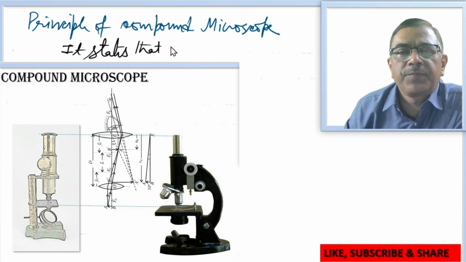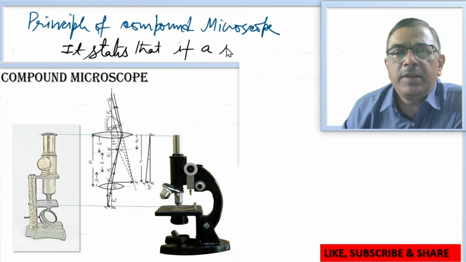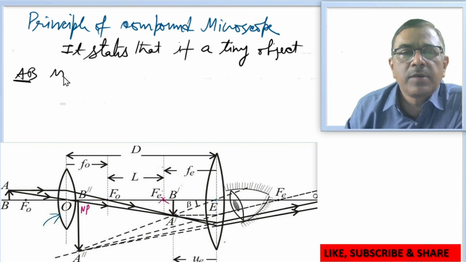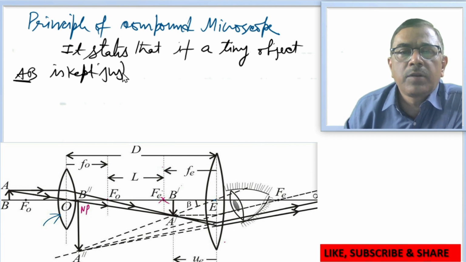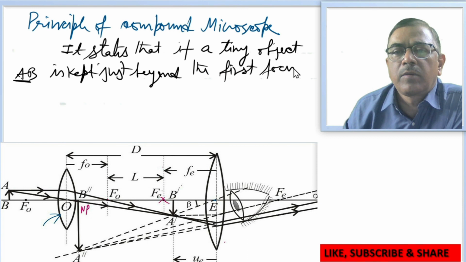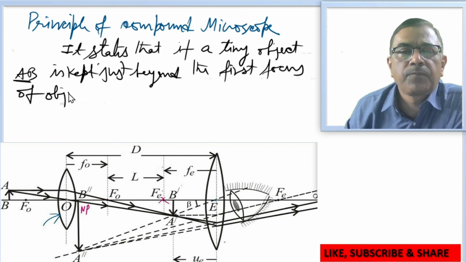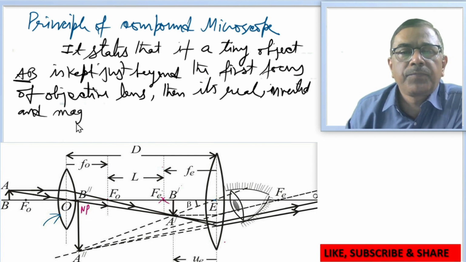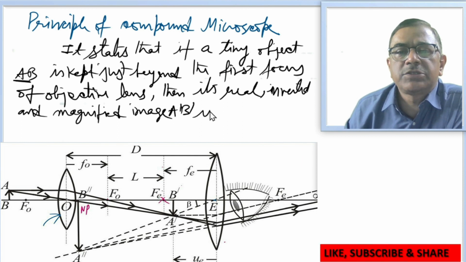It states that if a tiny object AB is kept just beyond the first focus of the objective lens, then its real, inverted and magnified image A dash B dash is formed on the other side of the objective lens.